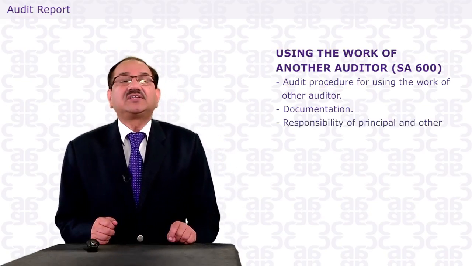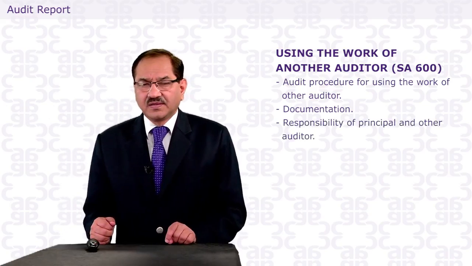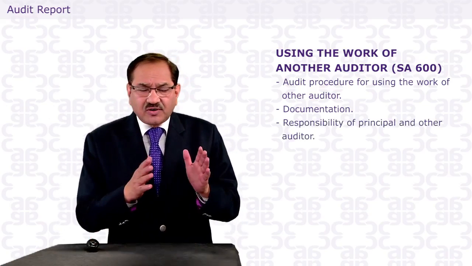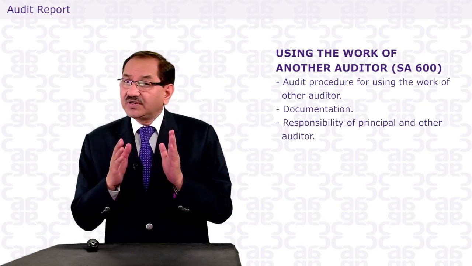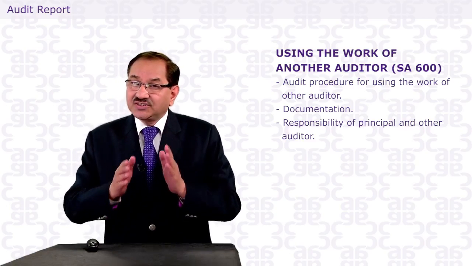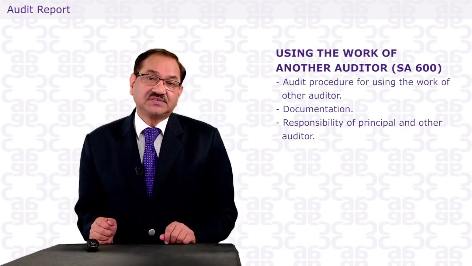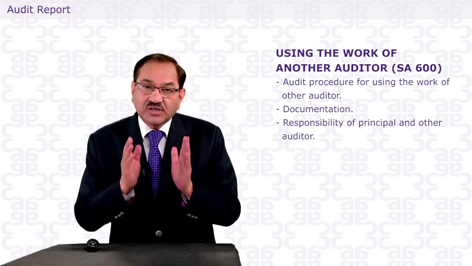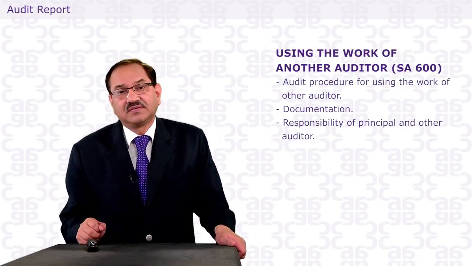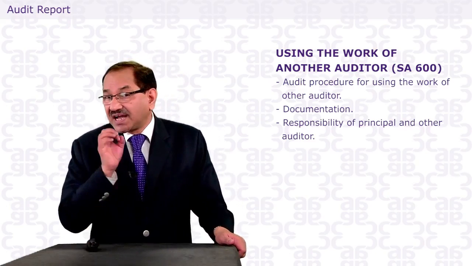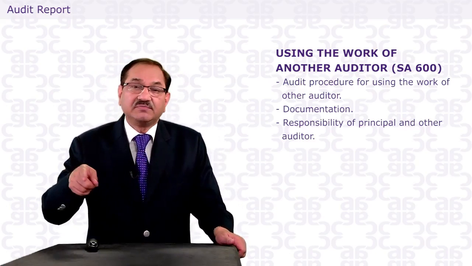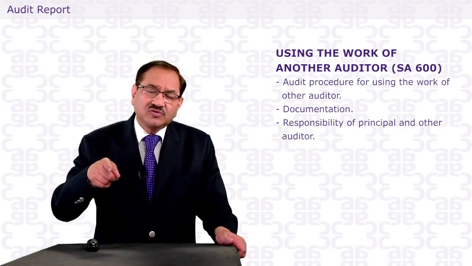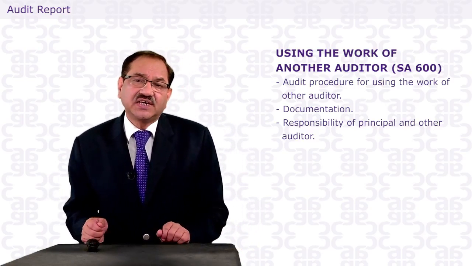Responsibility of principal and other auditors. The principal auditor is responsible for his opinion, and the opinion is on the total financial statements. He is solely responsible for his opinion. The branch auditors audit the branch, and they are responsible for their opinion on the branch financial statements.